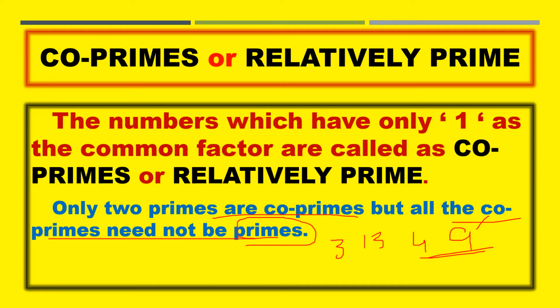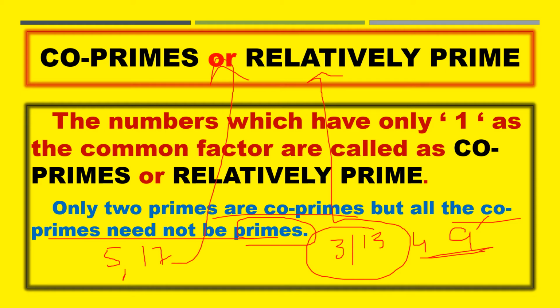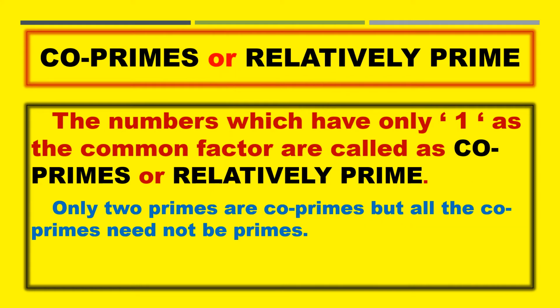Any two prime numbers, suppose I take 5 and 17, are always co-prime numbers. But co-prime numbers need not be prime numbers, because composite numbers may be co-prime too. These two are not prime numbers, but they are co-primes.